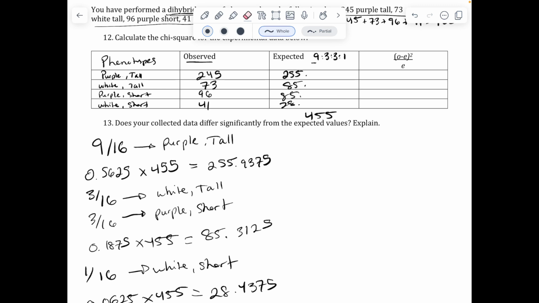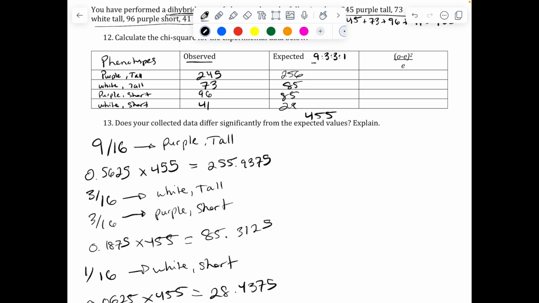I'm going to adjust these so that it works. So I'm going to take this 28 and this 255, and I'm going to make it 256, and I'm going to make it 29, because that's 170, 199. Yeah. So I want it to be 455.